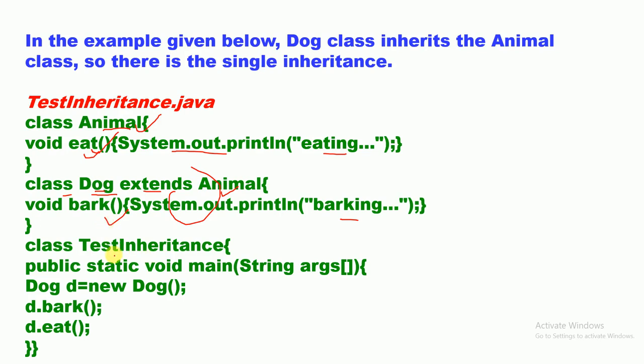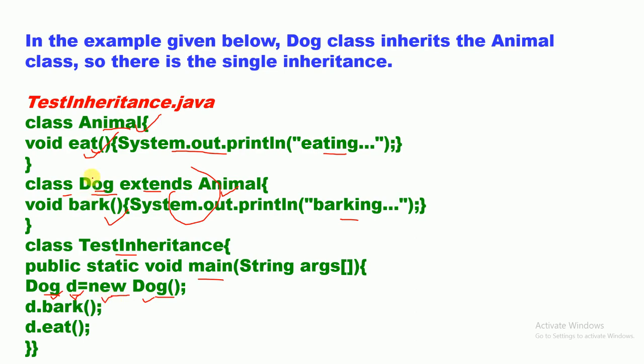If we have to create an object of this class dog, we will create it in the main method. We can create it by using Dog d = new Dog(). This is the syntax for creating an object in Java: class name, object name equals new class name and these brackets.